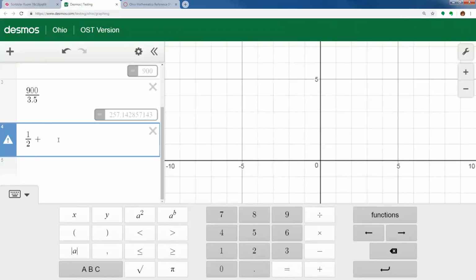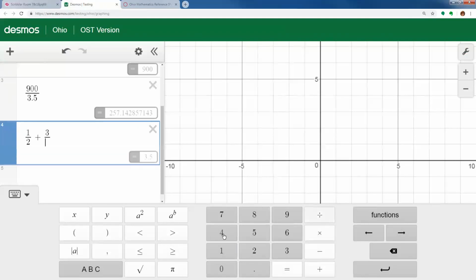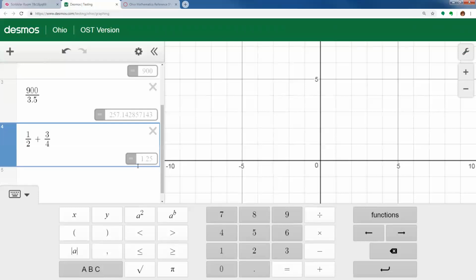You type in the first fraction, but it leaves the cursor on the bottom. So you have to click to the right to get it out from under the bottom of the fraction, or you can use this right arrow button under the functions. That makes it move around the question, these arrows. Okay. And then you would say plus 3 divided by 4. And it pops out a decimal instead of another fraction.